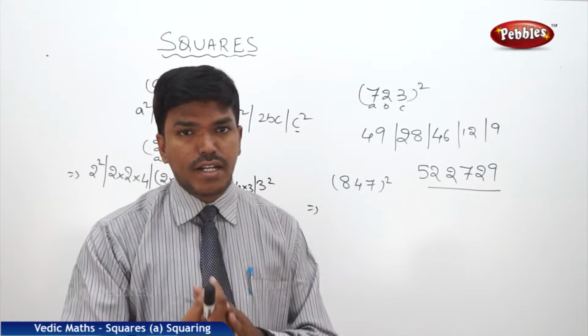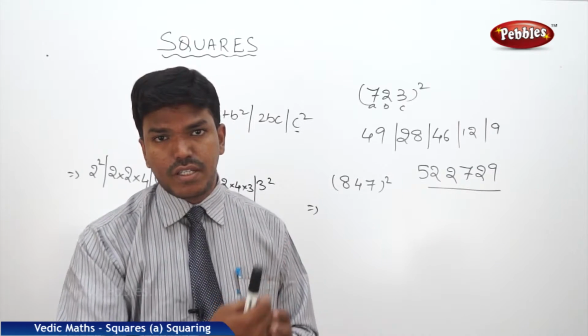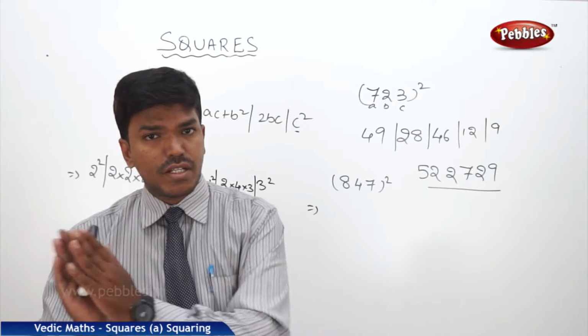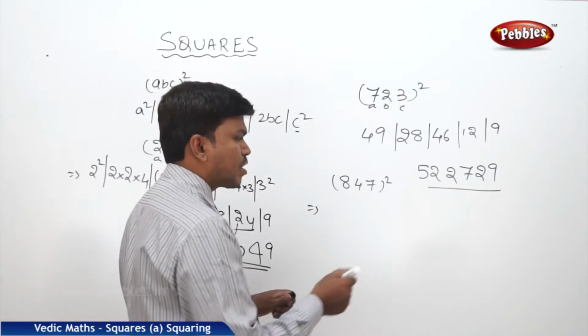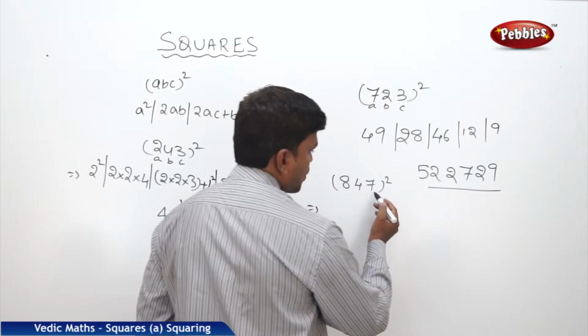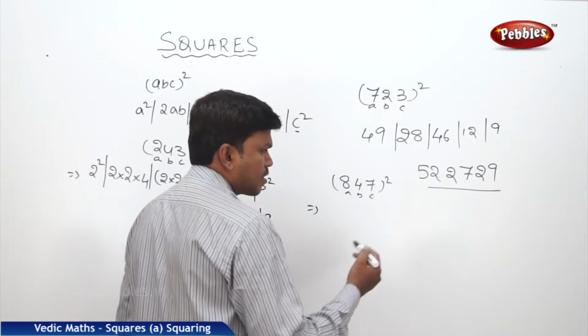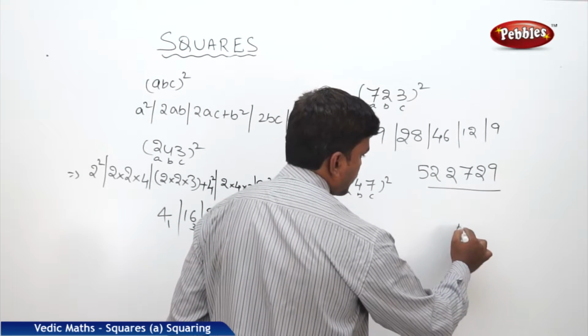If you start from the right side, c square, 2bc, 2ac plus b square, 2ab, a square. So we'll start from the right side now. First, c square. C means 7. So 7 square, 49.